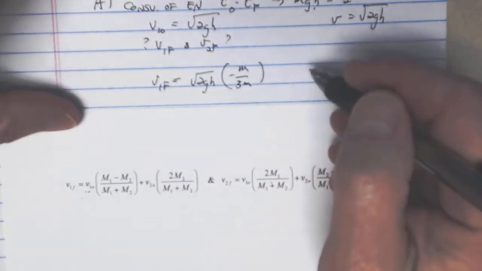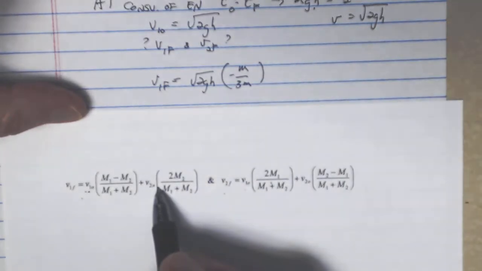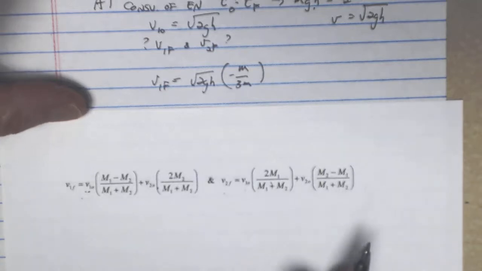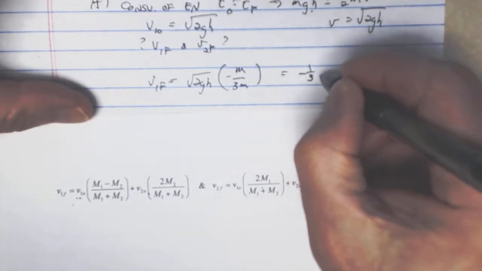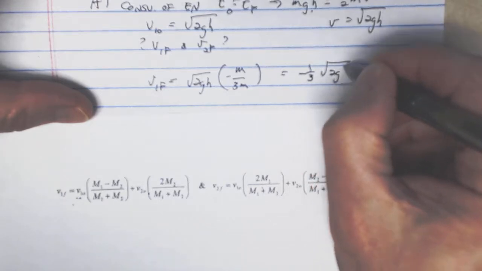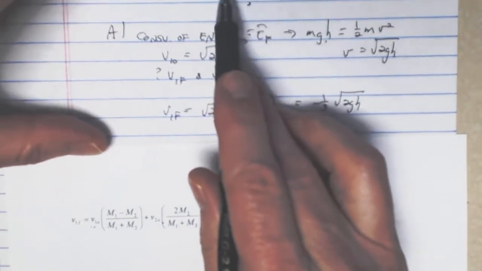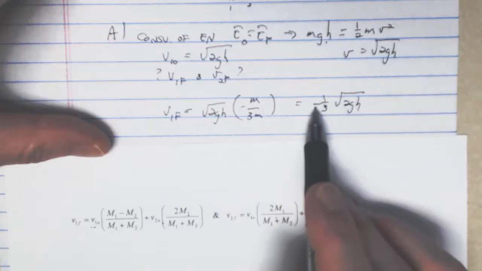Okay, and v2 naught, remember, is 0, so this term goes away in both expressions. So I have minus 1/3 the square root of 2gh, which is the velocity of this block after the collision. Notice it's negative, so it's going to be bouncing back up to the left.